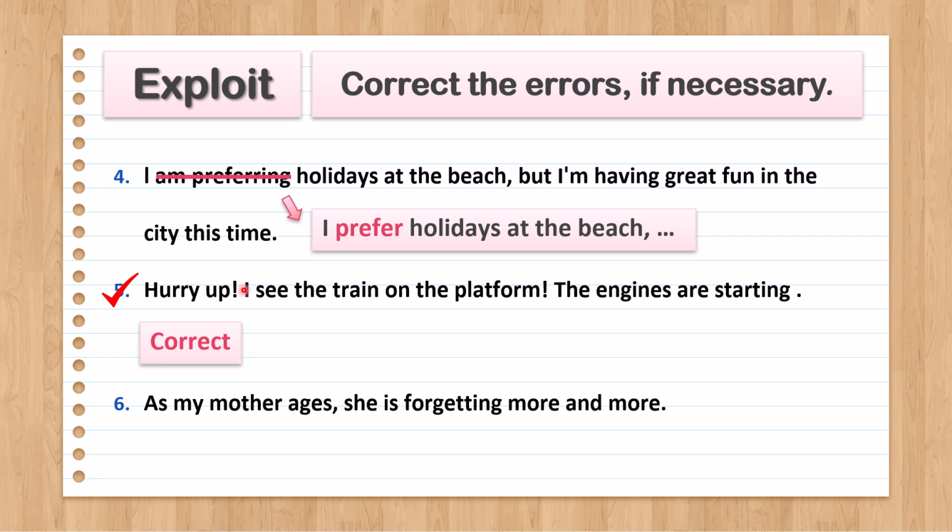As my mother ages, she is forgetting more and more. Forget is typically a stative verb. Even if it happens over time, we still use simple present for facts or states. So the correct version of this sentence is she forgets more and more.